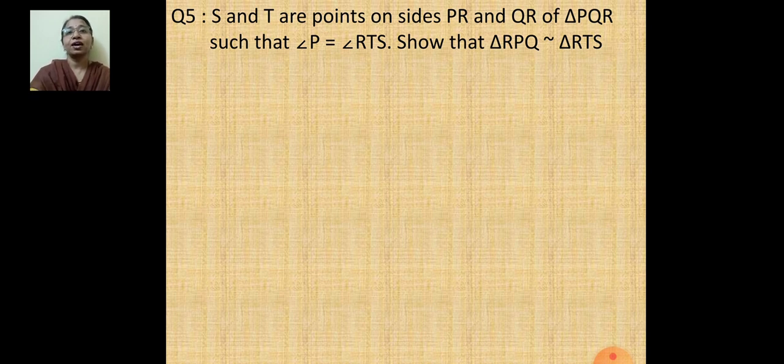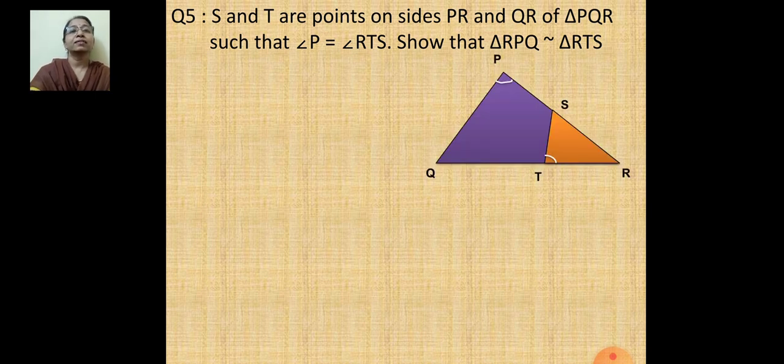I hope you all have drawn the diagram. So your diagram should look like this. Right? See, in triangle PQR shown by purple color, point S is taken on side PR, point T is taken on side QR, and angle P, identical marking given, angle P is equal to angle RTS. Then what you have to show?